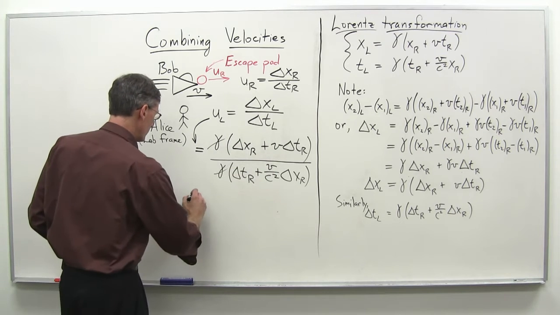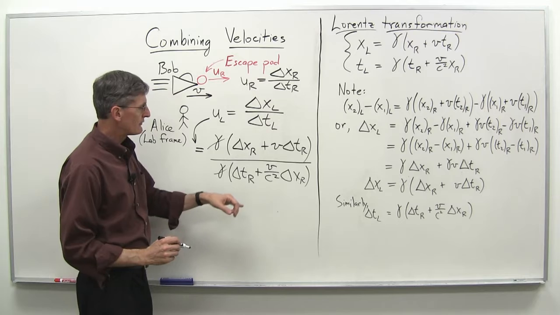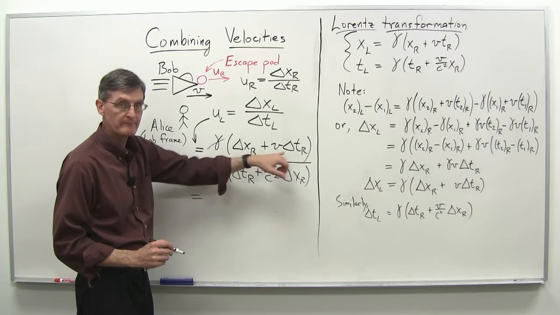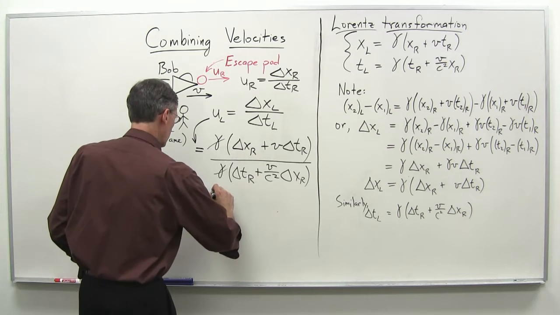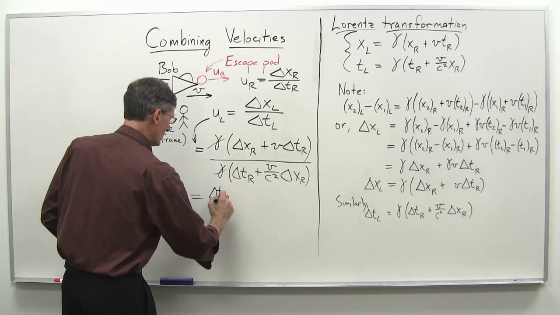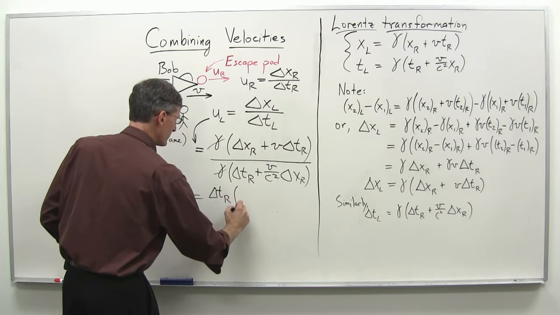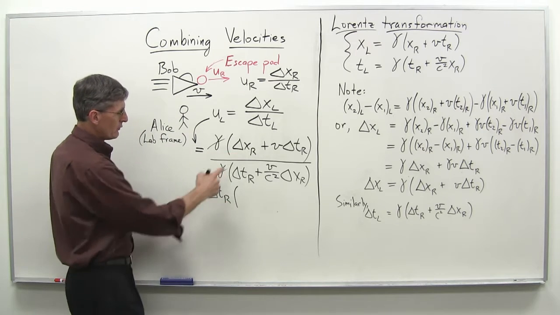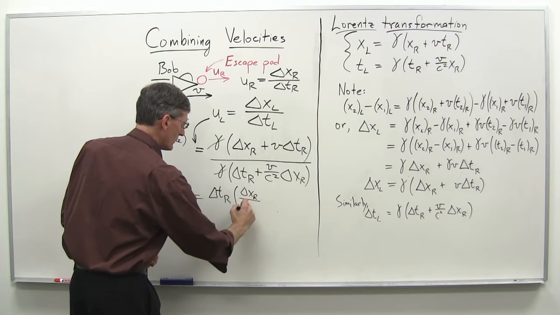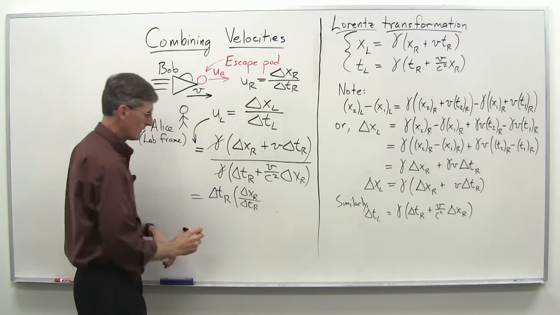In fact, we can if we do this. Let's factor out a delta t sub r from each of these terms here, and rewrite this and see what we get. So remember the gammas cancel, so we don't have to worry about those anymore. So I've got delta t sub r times, well, this term then becomes delta x sub r over delta t sub r, right?